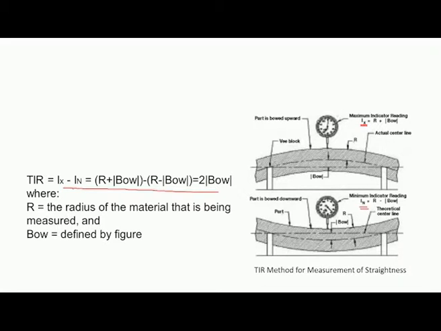These values are fed in this expression: TIR is equal to IX minus IN, that is, R plus the mod of the IX reading, minus R minus the mod of the IN reading. So, this will give us the total indicated reading, where R is the radius of the material being measured.